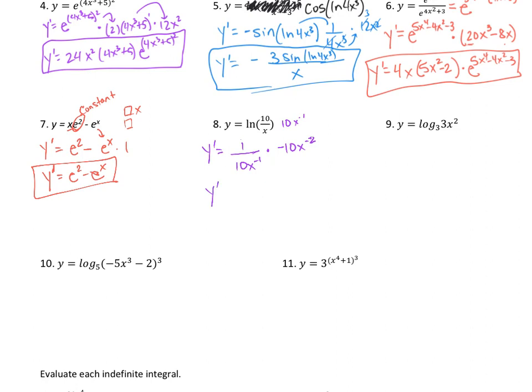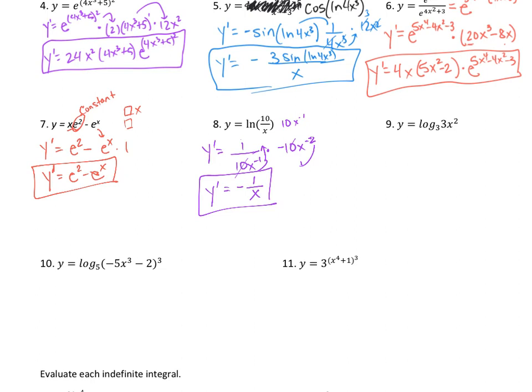So we can clean all this up. This 10 goes with that 10, and this x squared will come down to the top. This x will go up to the top. This will come down to the bottom. So it'll just leave me with negative 1 over x when all is said and done.